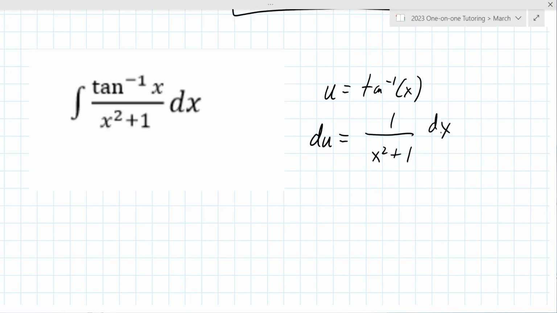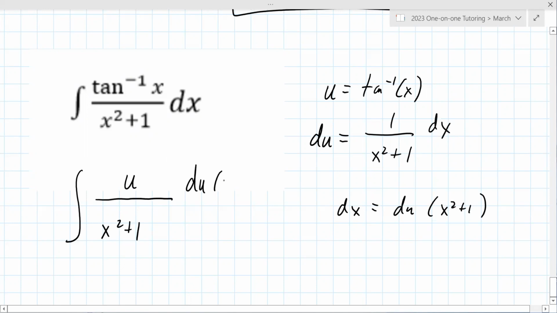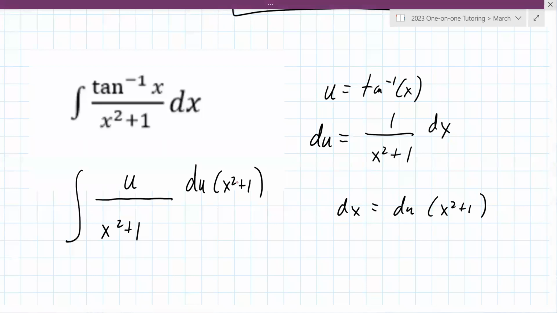So this is like everything combined: u-sub, derivatives, integration. So we've got x squared plus 1. dx is really du times x squared plus 1, so we substitute for that. And hey, another cancellation.